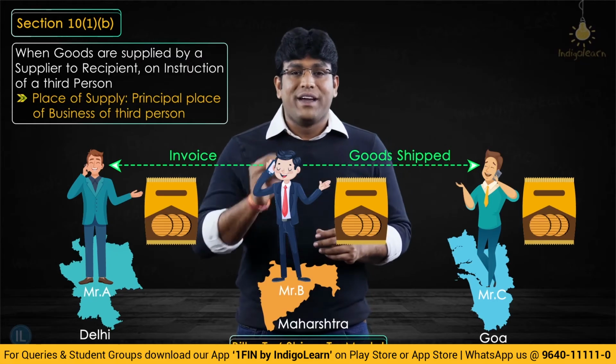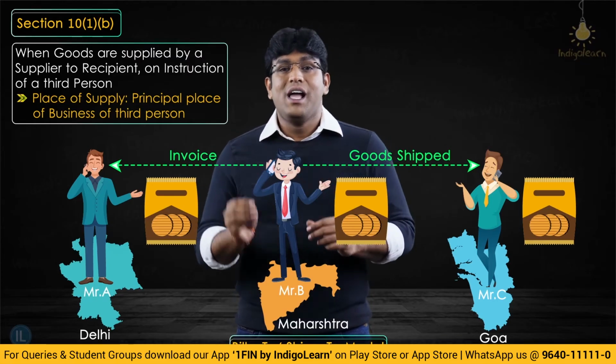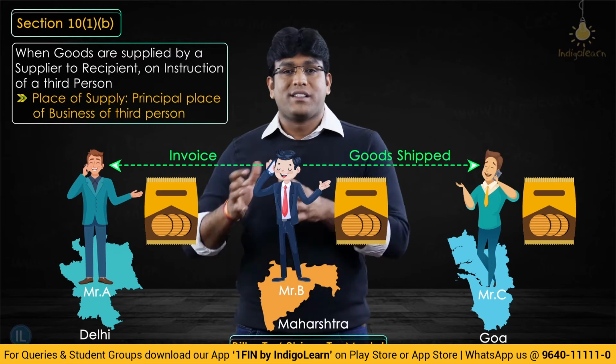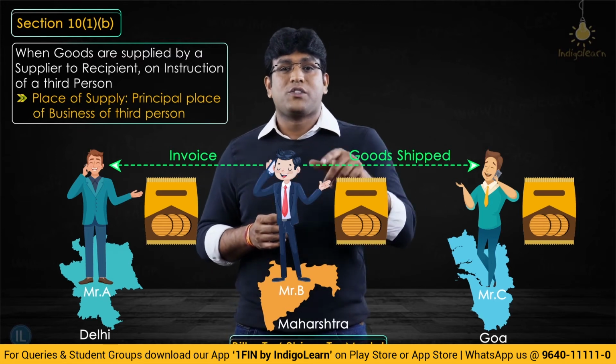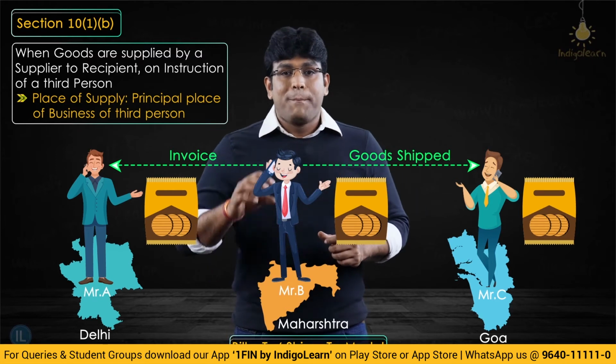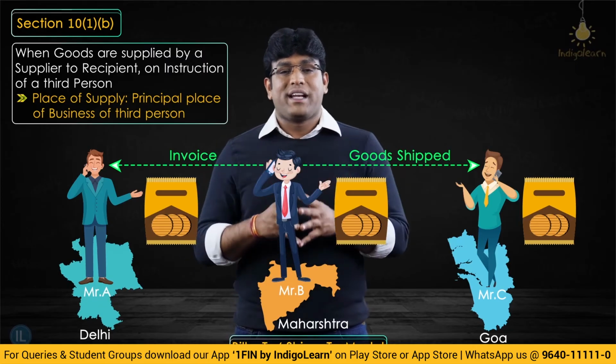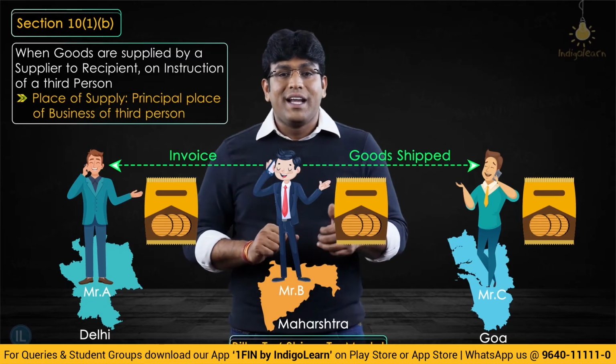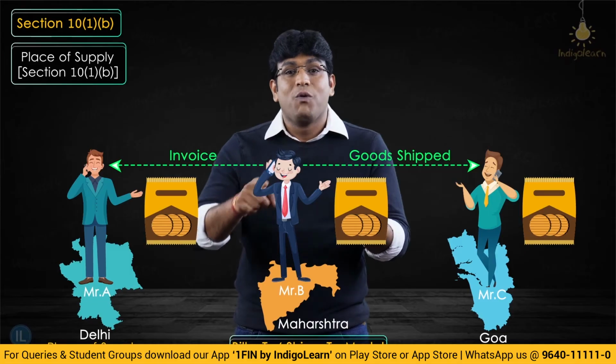That means when Mr. B of Maharashtra is supplying goods to Mr. C of Goa on the instructions of Mr. A of Delhi, the place of supply for this particular transaction will be Delhi. It will not be Goa.